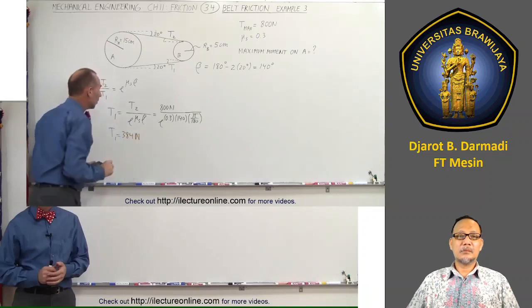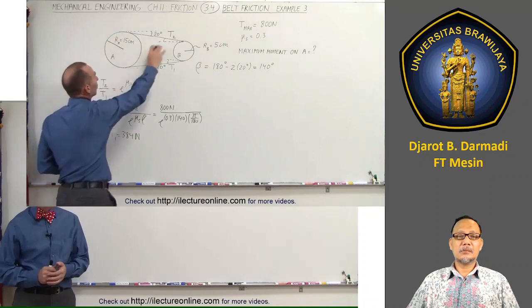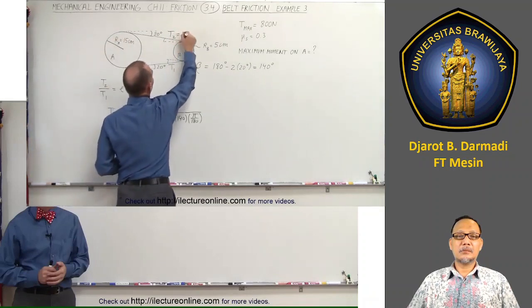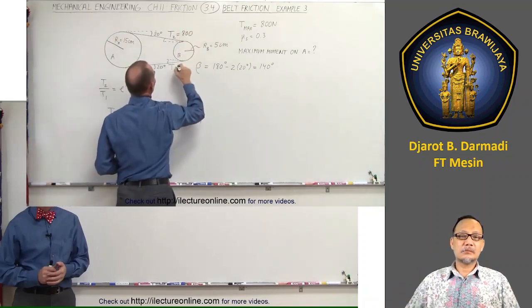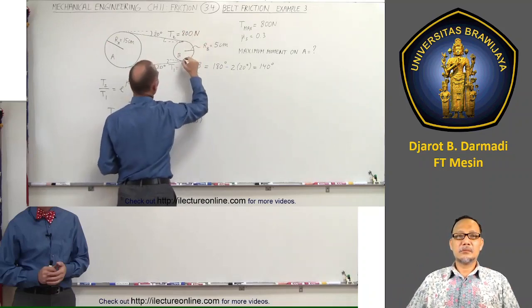384 newtons. Now we're ready to calculate the moment we can apply to A. Notice that the tension here is equal to 800 newtons, and over here it's 384 newtons.